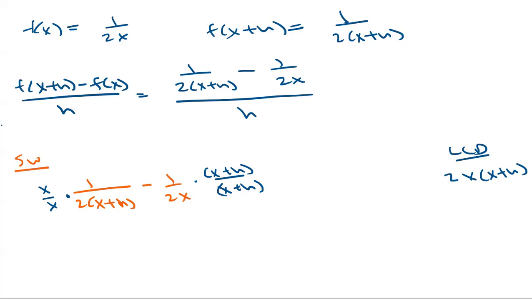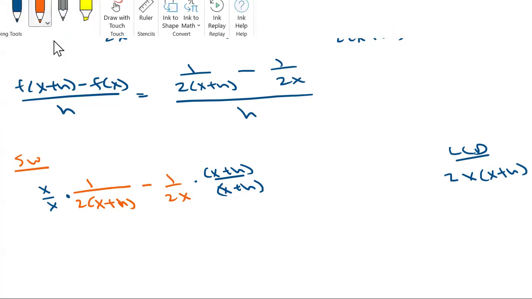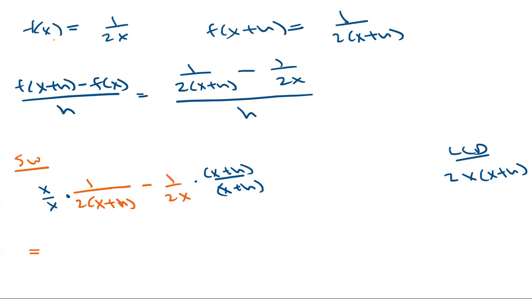Okay. All right. So that gives us x over 2x times x plus h minus x plus h. I'm going to put that in parentheses divided by 2x times x plus h.